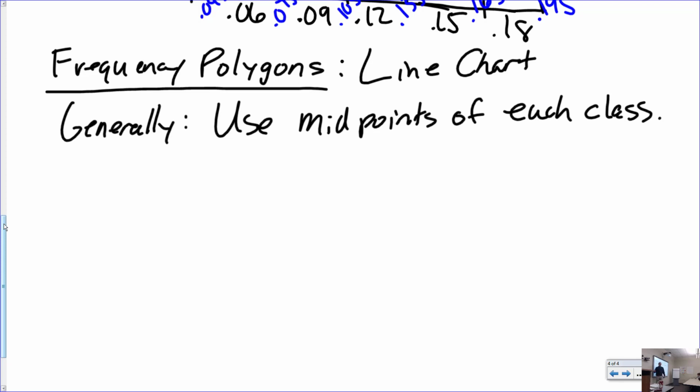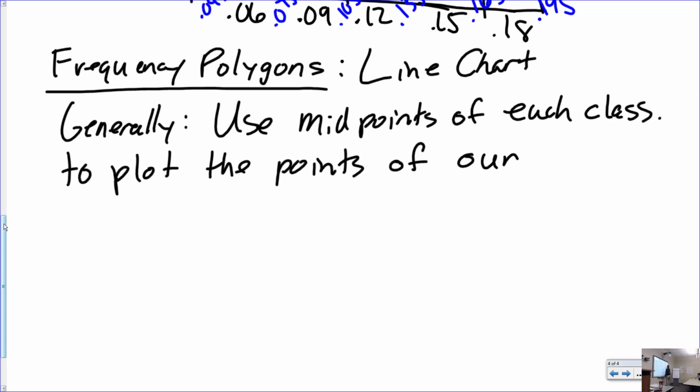In general, when you're working with frequency polygons, you tend to use the midpoint because you don't want to have the boundaries, because then you would have to have this step ladder function that doesn't make sense. So we tend to use the midpoints of each class as the points of our line chart or line graph.